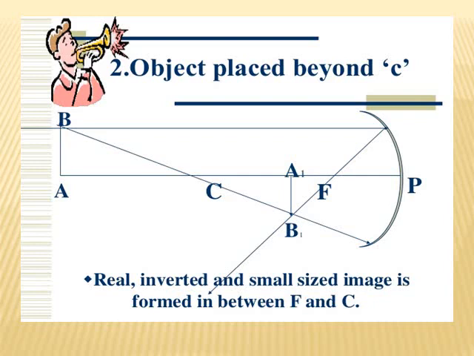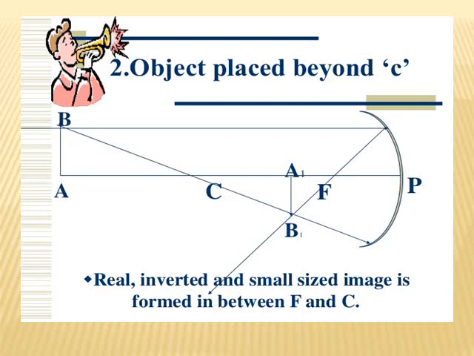Second, you connect the B point with the C point. So that means the ray which is passing through the center of curvature is retracing its path. So the incident ray and the reflected ray will be one and the same. So complete these two rays and observe where these two reflected rays meet or intersect.